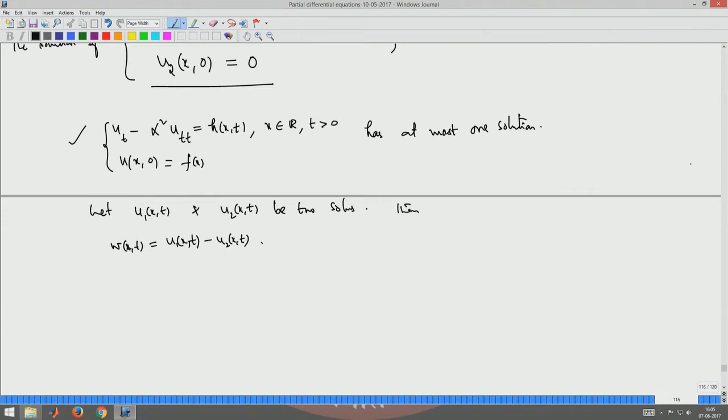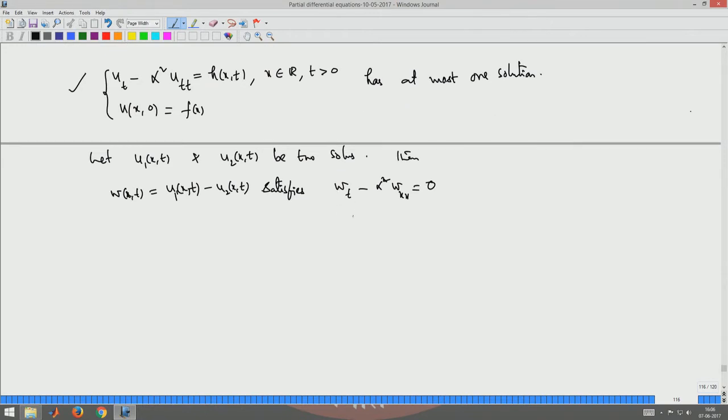If you do this, w satisfies the heat equation, w_t minus alpha squared w_xx. Since u1_t minus alpha squared u1_xx is actually h(x,t), and similarly u2_t minus alpha squared u2_xx is also h(x,t), this becomes homogeneous. W satisfies the homogeneous equation, and w at (x,0) is also 0, so the initial condition is also 0.